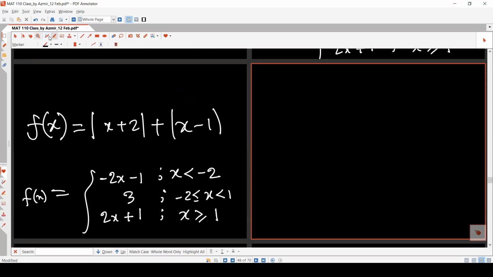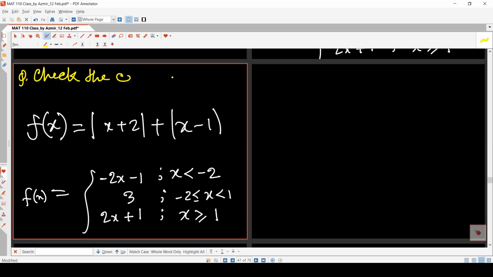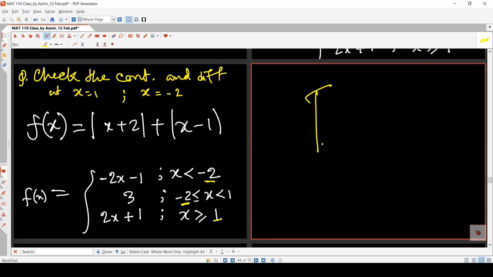Now the question is, check the continuity and differentiability, let's say at x equals 1. You can also check the continuity and differentiability at x equals minus 2. So now you know the process of how to do it. So that's all for today. Thank you.